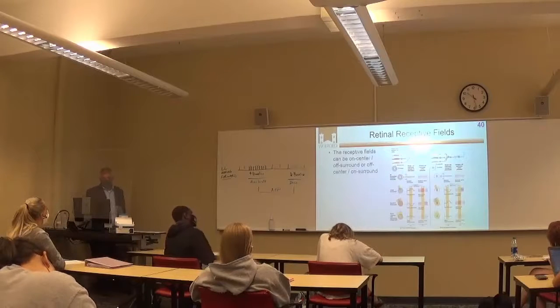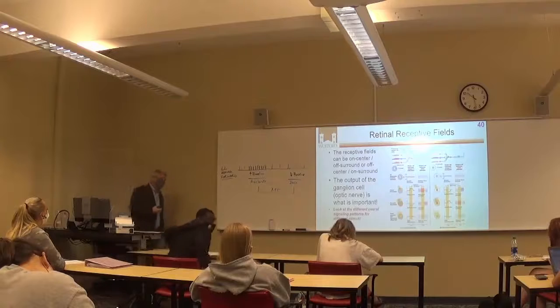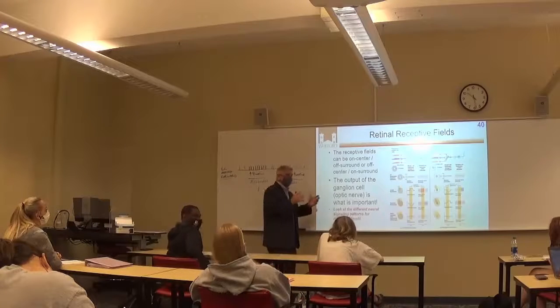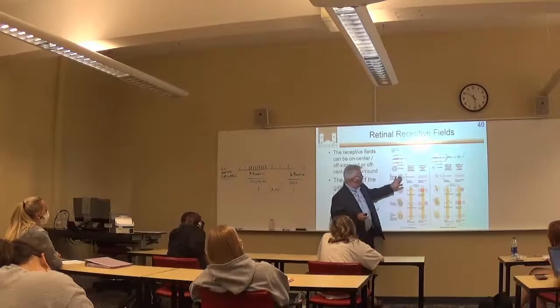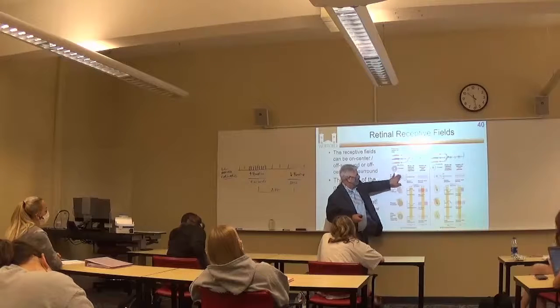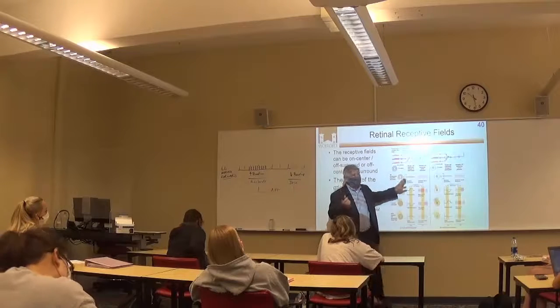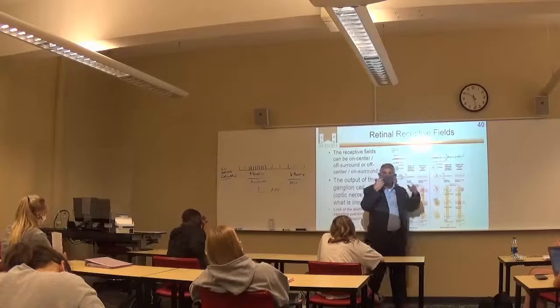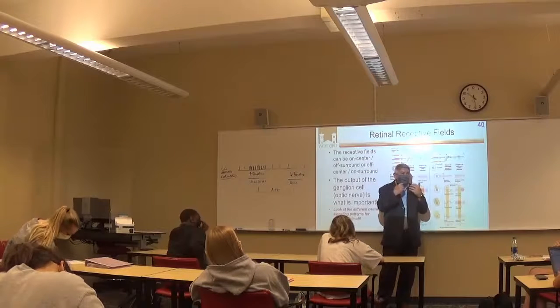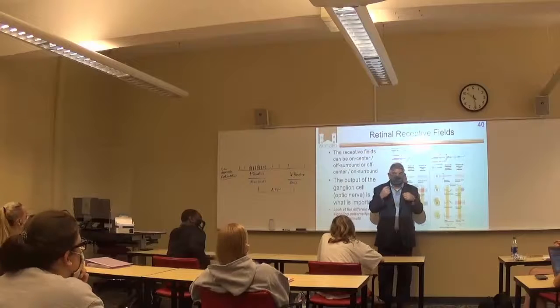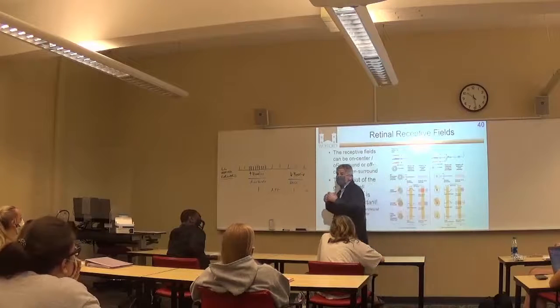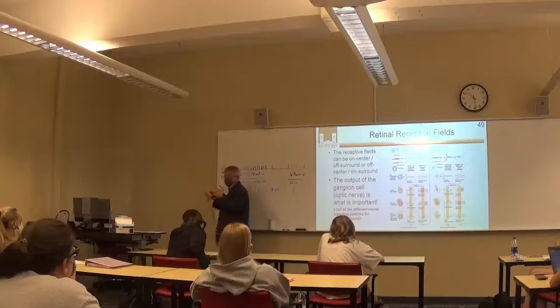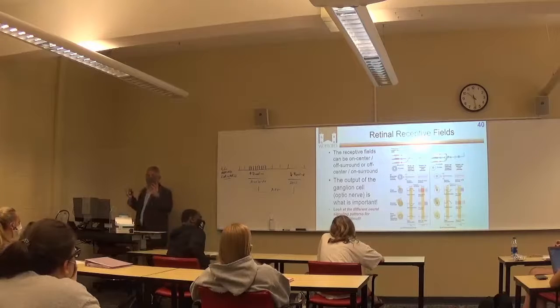To make it even more complicated, the center surround aren't always excitatory in the center and inhibitory in the surround. They can be the opposite. It can be inhibitory in the center and excitatory in the surround. It really doesn't matter. The point is we can detect if it's the center or the surround because we know what type of receptive field it is, and we get two different signals.